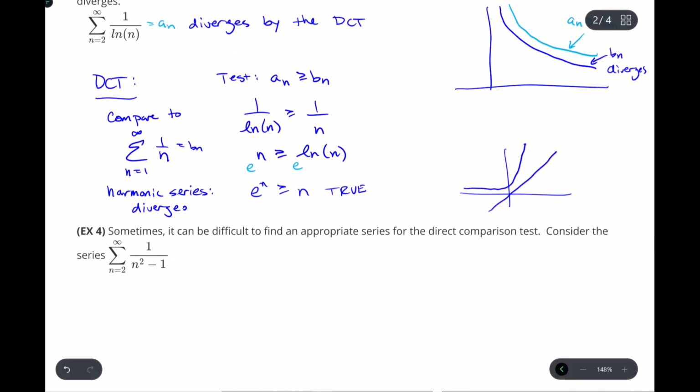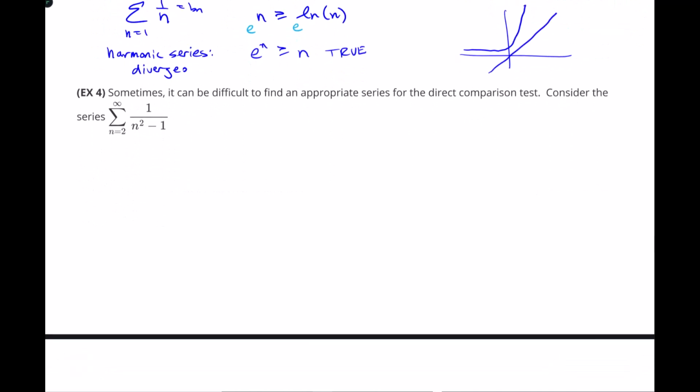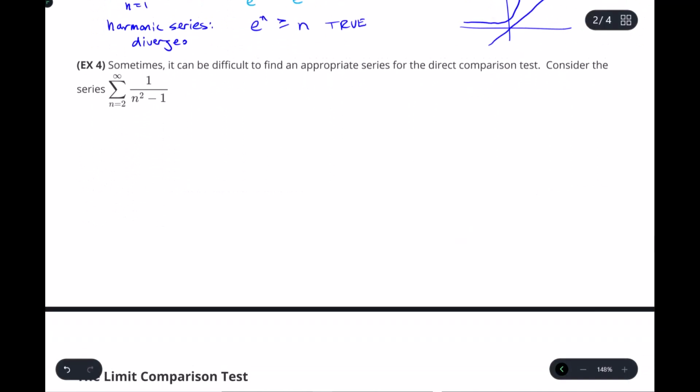Okay, another one here. And in this example, it says that sometimes it can be difficult to find an appropriate series for the direct comparison test. And so we have this one, which looks innocent enough, but let's see what happens.